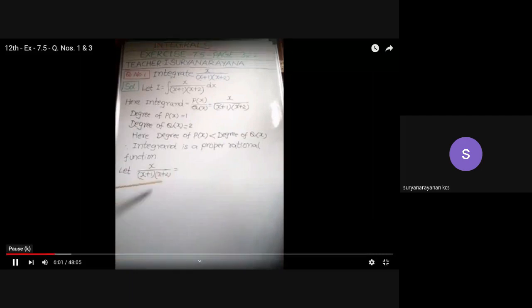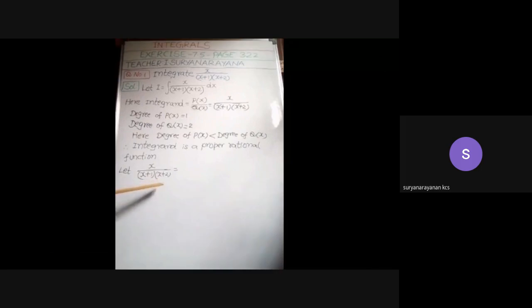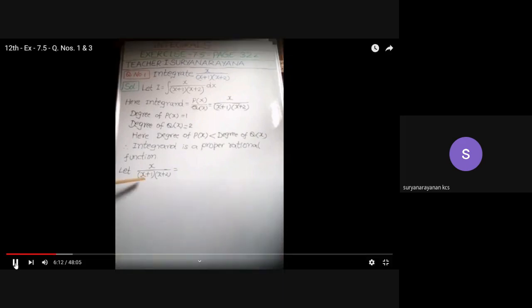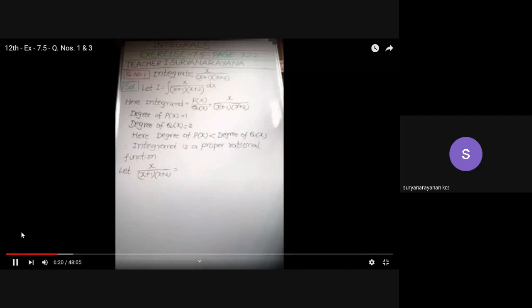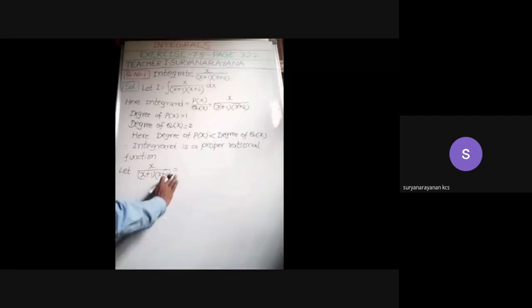In this problem, the denominator contains only non-repeated linear factors. x plus 1 is a linear factor, x plus 2 is another linear factor, both distinct linear factors, isn't it, my children? So the denominator contains non-repeated linear factors.